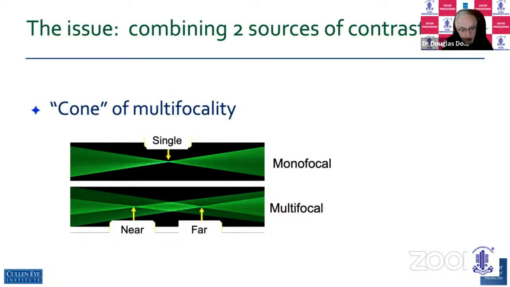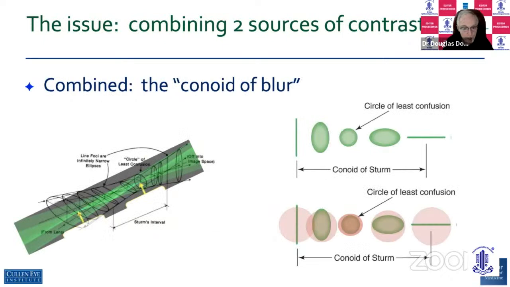And then we have what I call the cone of multifocality with a multifocal or even an extended depth of focus IOL, where again, the light is not brought to any one point of focus. So when you combine these two, the conoid of Sturm and the multifocal IOL superimposed on it, you can see that the blur circles get larger for any of these various iterations of astigmatism.